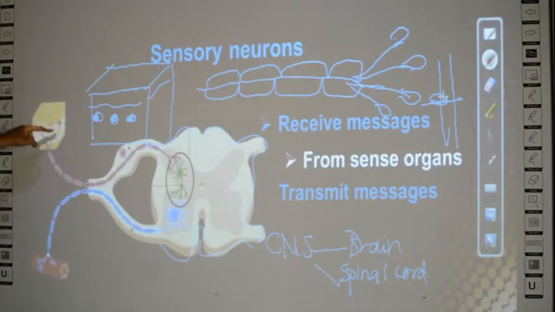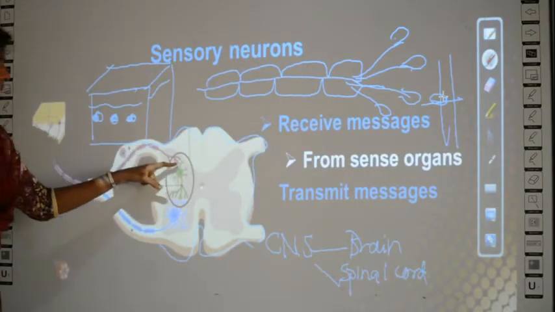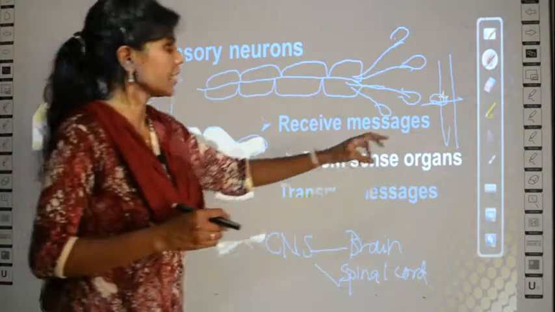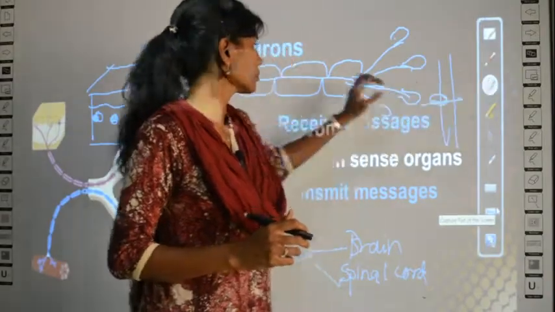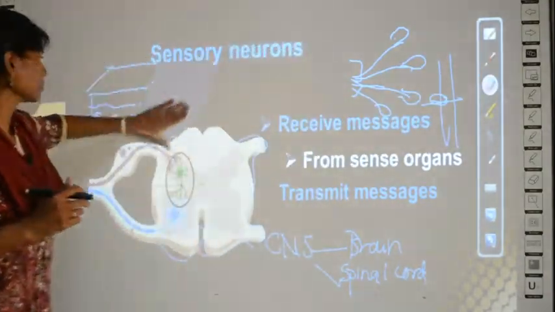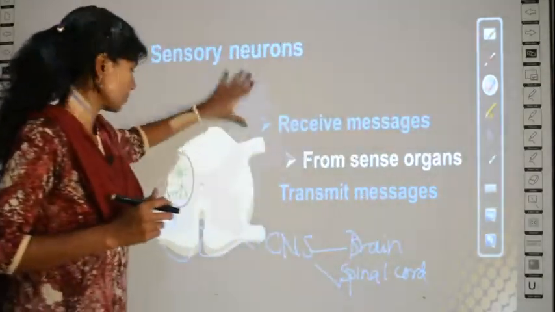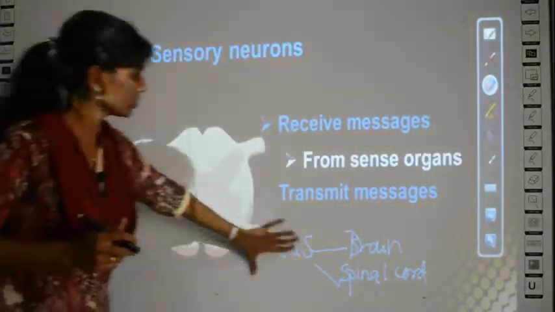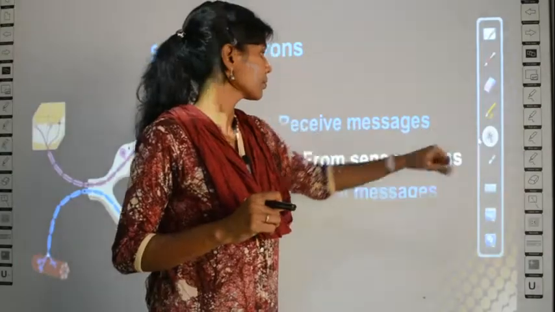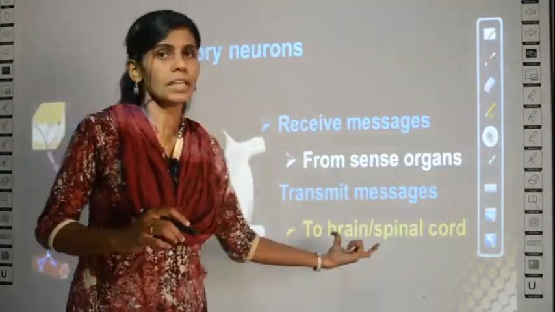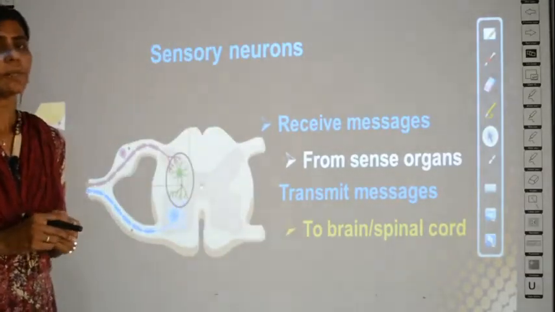See, from the skin, it carries the messages till the spinal cord. So this is the function of sensory neurons. So, to the brain and the spinal cord the messages are transmitted.